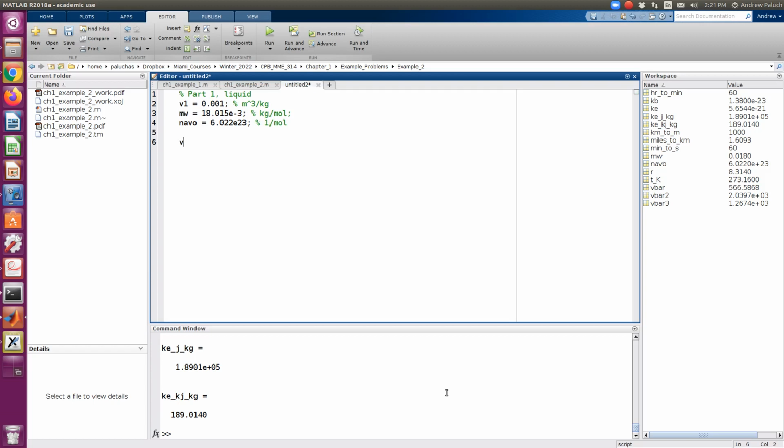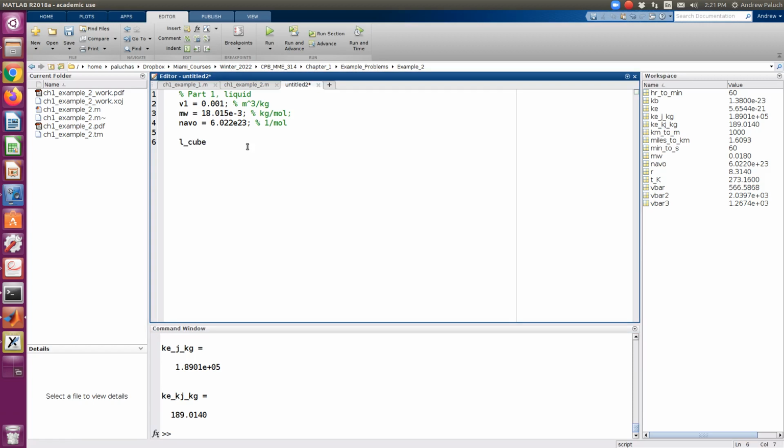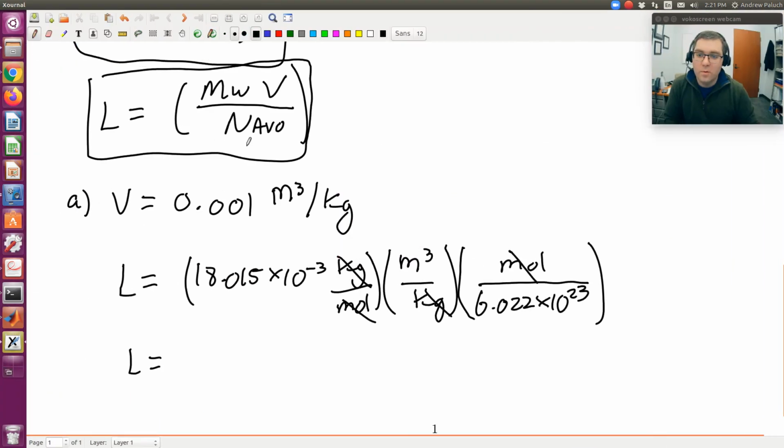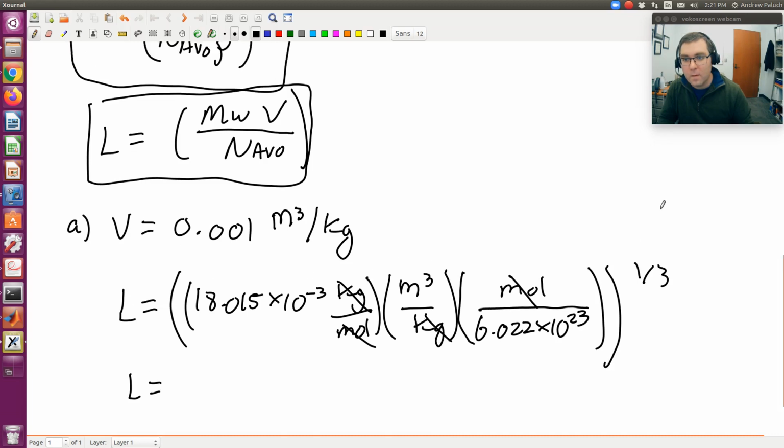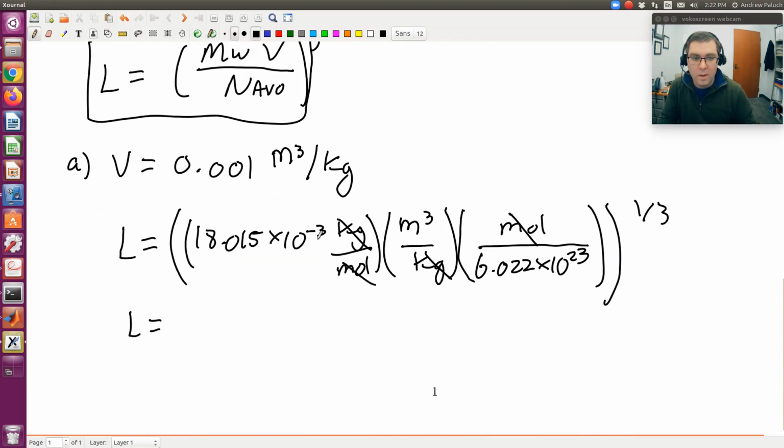To estimate our distance, which is in meters cubed, let me write it as cube m, is equal to, and here I need to raise this to the 1/3 power. I forgot, that's raised to the 1/3.